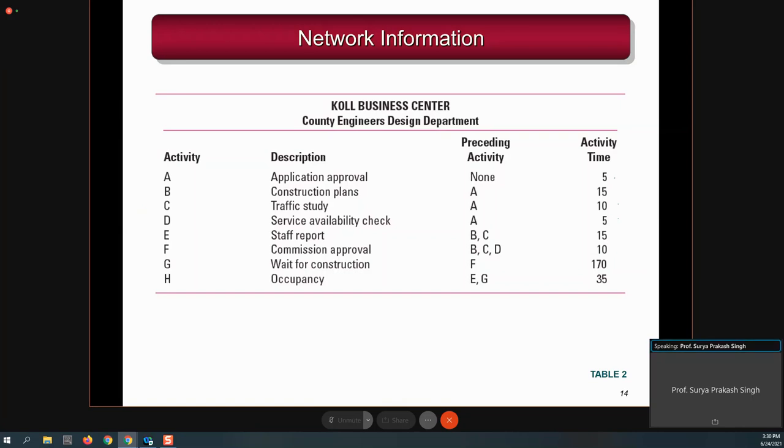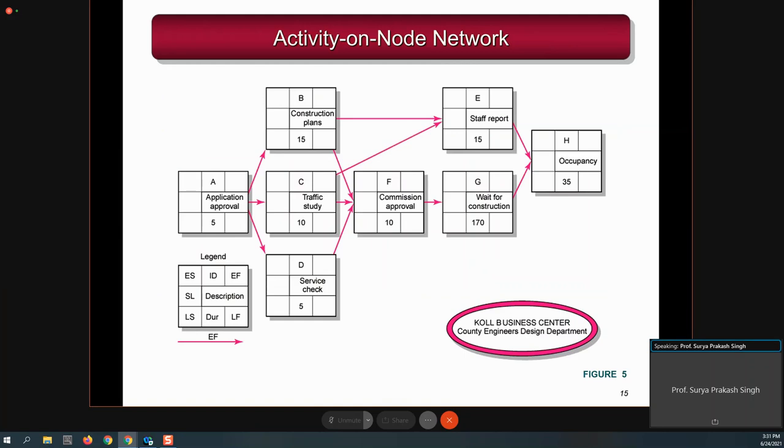Okay. So with the help of this time, we can use the forward approach and calculate the early start time and early finish time. Let us see. Same diagram, the same project network diagram, which is AON based, activity on node based, because I have written activity on the node. And now the only thing I am writing is the activity time.